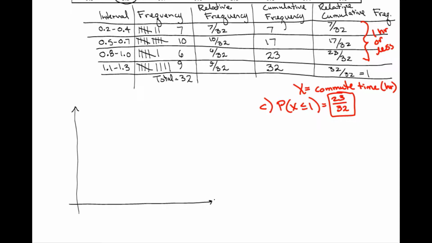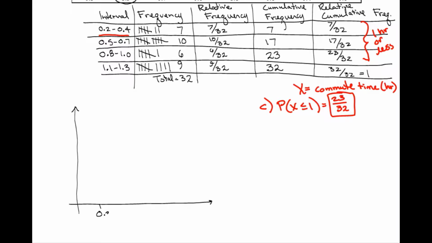What you want to do now is look and see what the midpoints of your intervals are. In other words, what is halfway in between 0.2 and 0.4? Well, 0.3 is halfway in between. That's the way we are going to label our bars.